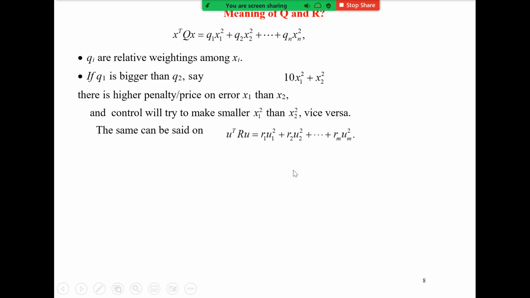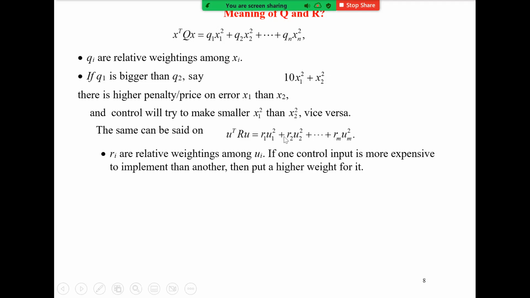If we look at the other term in the quadratic form, U transpose RU is just a combination of the squares of the input signals, and those R are relative weighting among the input signals. If one control input is more expensive to implement than another one, then of course we put a higher weight on that.